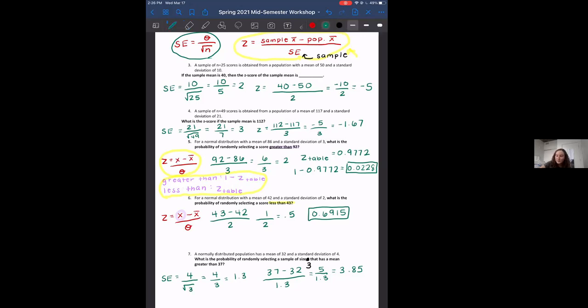Okay, so 4 divided by the square root of 3. So can anyone tell me what 4 divided by the square root of 3 is?